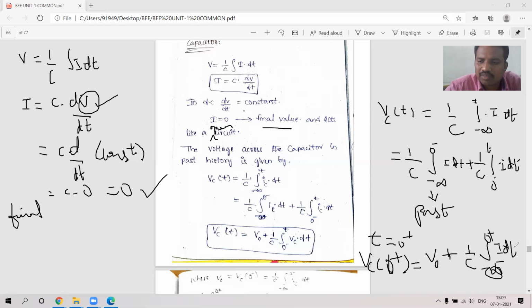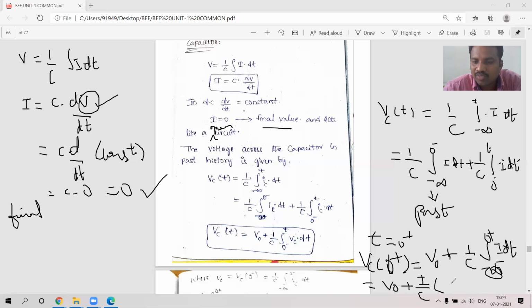So I is a finite value. If I is a finite value, I will come outside. We will have V naught plus I by C. Finite means constant value, I is outside the integral of 1 dt.